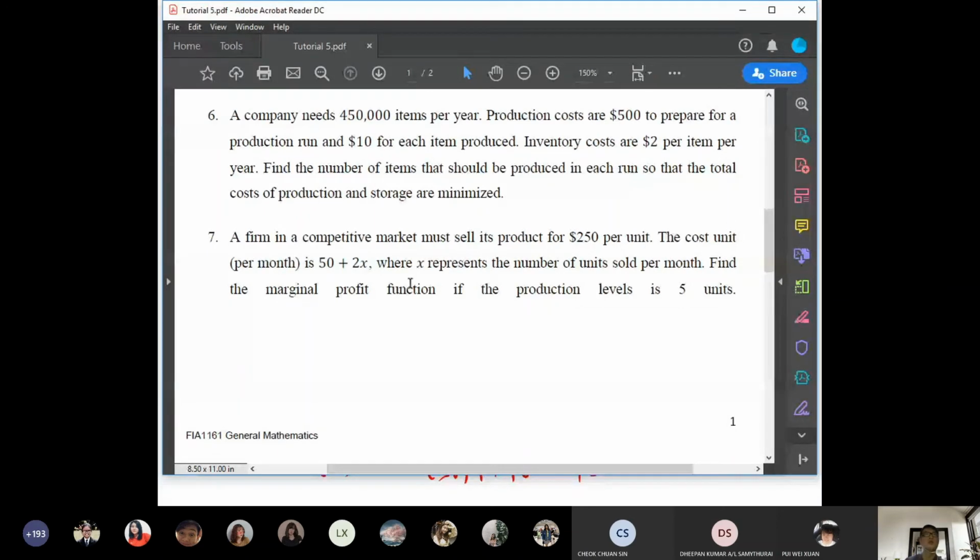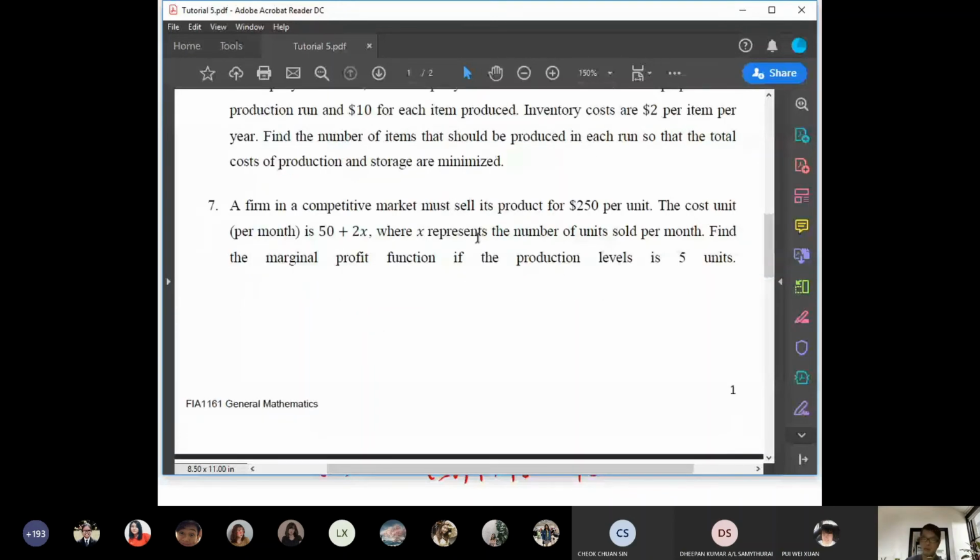The cost per month is 50 plus 2x, where x represents the number of units sold per month. Find the marginal profit function if the production level is 5 units. Spend maybe 2 minutes on this one, then we will start our discussion.